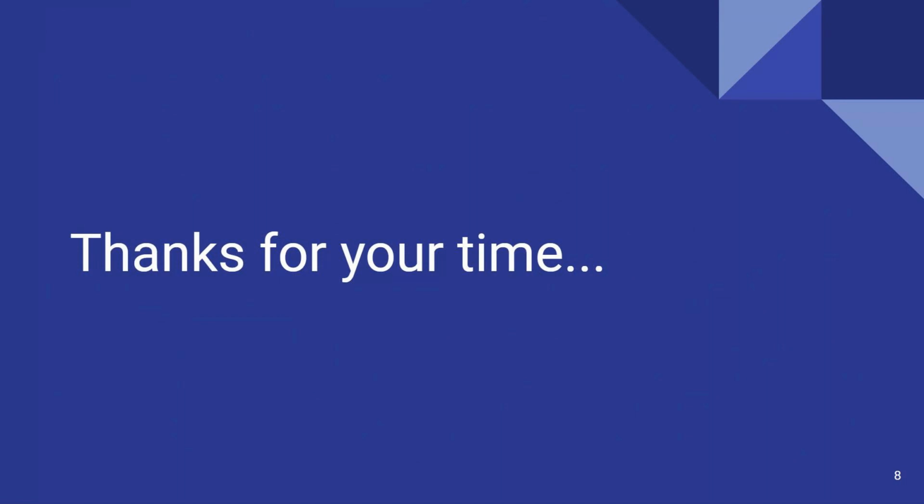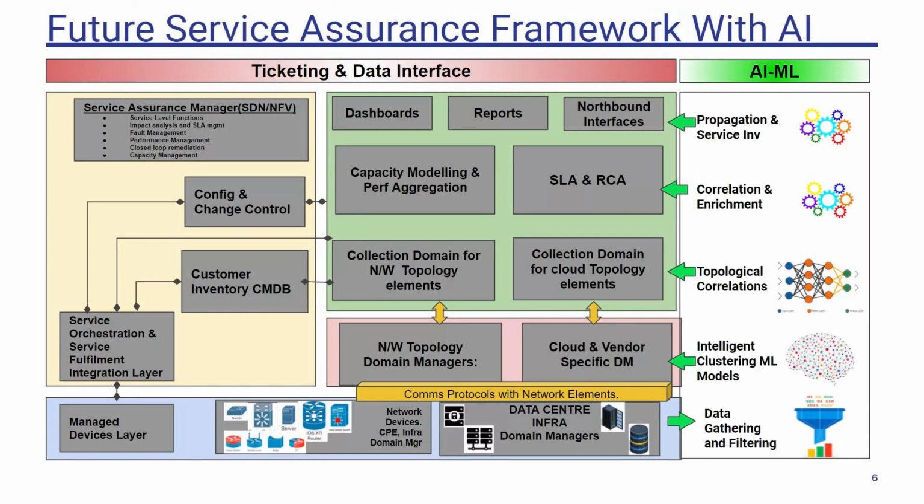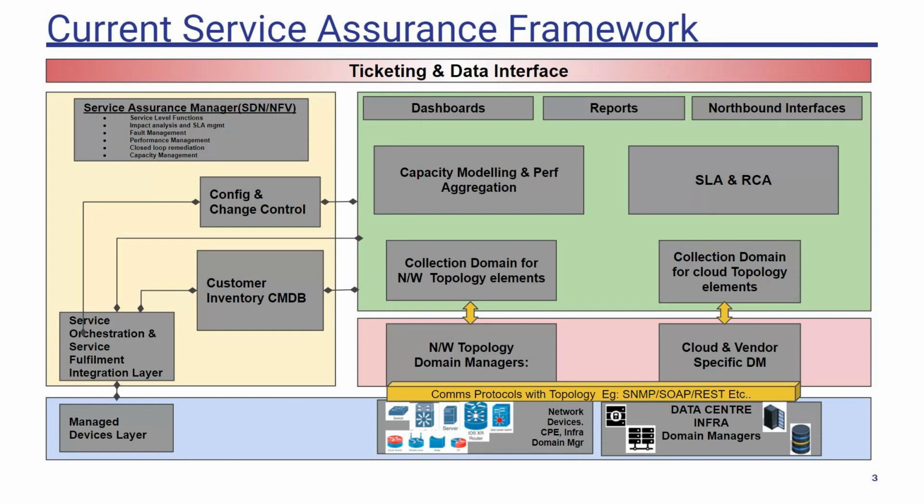Self-healing scenarios can get you very high customer satisfaction when the capacity is drastically increasing or drastically decreasing, so you are prepared for whatever comes into the picture. So with SDN and NFV, you have these use cases, and it gives you your capacity distribution as well as your network circuit usage distribution.